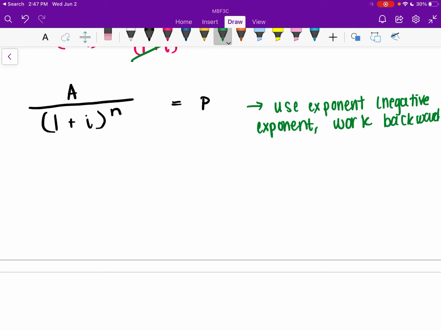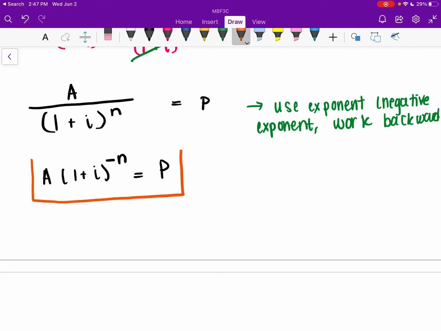If I want to make it easier, I can just change it so that it becomes A times (1 plus i) to the power of negative n equals P. And that is my equation for principal. And I can just use this equation from now on, right? Instead of having to always plug it into the formula that way.